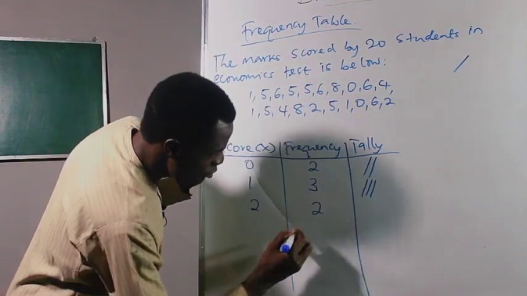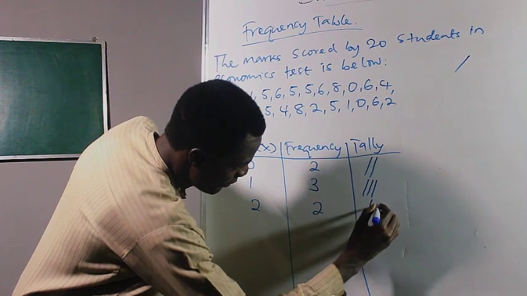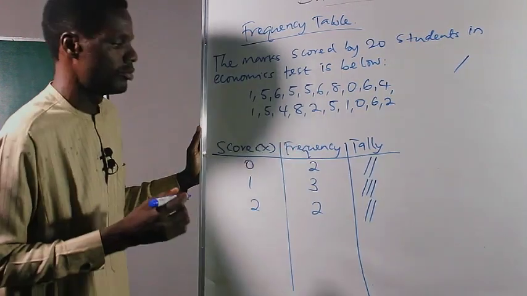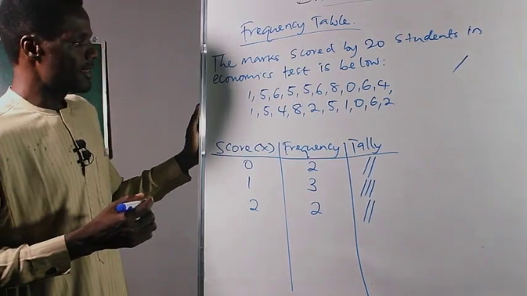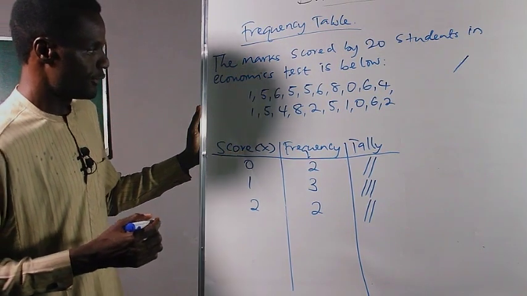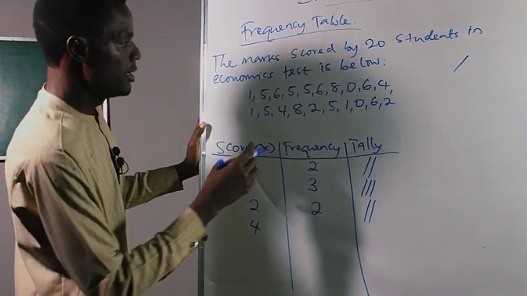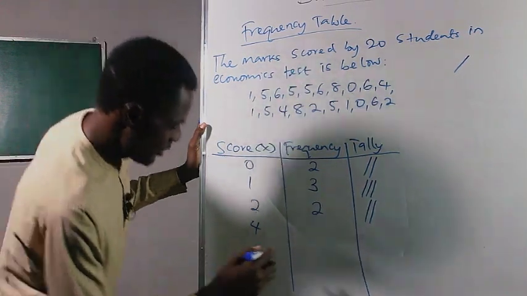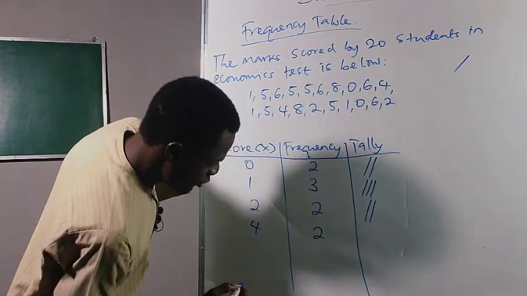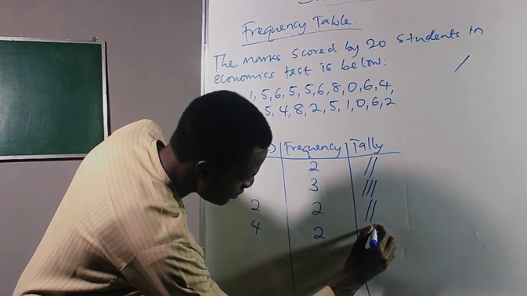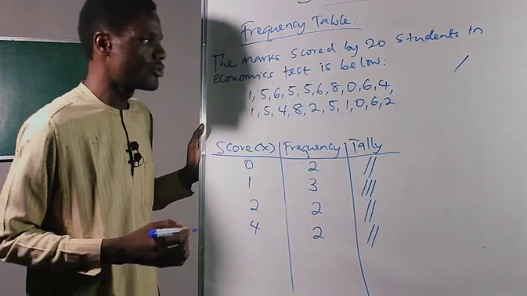So it has 2 frequency and has 2 strokes. The next item is 4. 4 appears only 2 times. So 4 has 2 frequencies with 2 strokes.